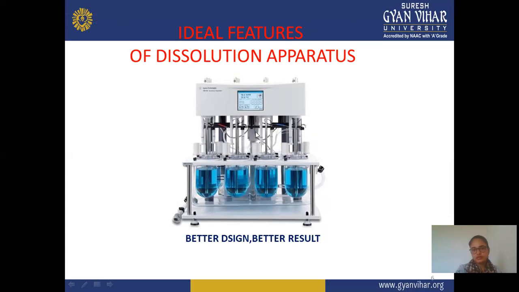After adding the tablet, homogenization or mixing gets started. You set a particular speed for the dissolution, and body temperature is majorly required for all types of dissolution apparatus, because in this test you are considering your body.